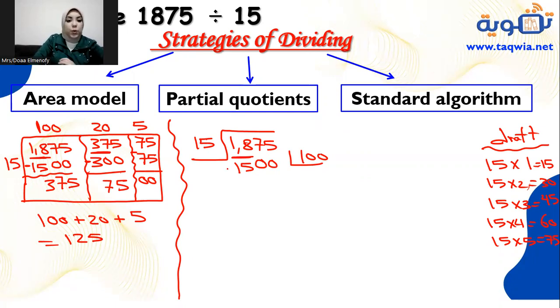And now we're gonna subtract. So 5 minus 0 equals 5, and 7 minus 0 equals 7, 8 minus 5 equals 3. So we're gonna make the same steps, guys. So here we're gonna underline 37. Which number is close to 37? It's 30. So here we're gonna write 30, and here we're gonna write 2.